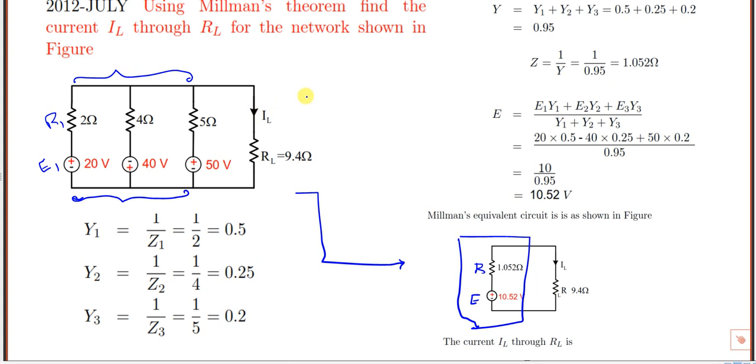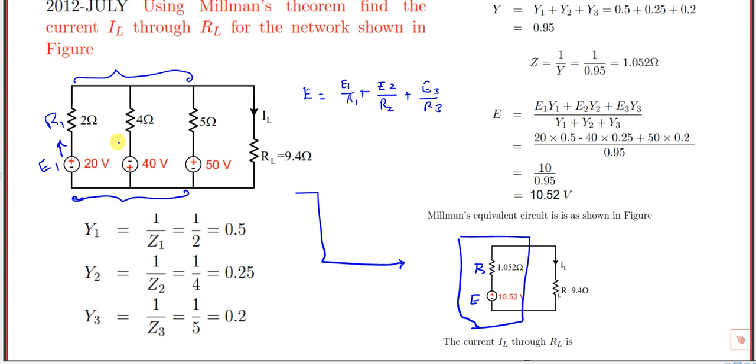So the formula is E is given by E1 by R1, that is the current, if I convert this voltage source into a current source, voltage by resistance. And if I convert the second voltage source, E2 by R2 and E3 by R3. These are the three currents we are adding. So now let us see the direction of the current. It is minus to plus, so current will go upwards.